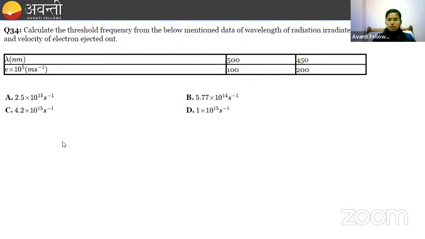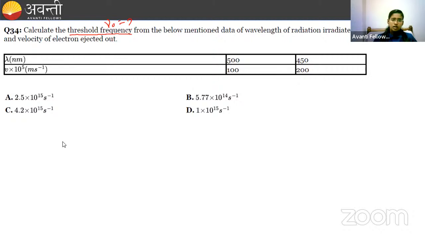So the first column is about the wavelength and the second is about the velocity. We have to find out the threshold frequency. Threshold frequency is the minimum frequency required to eject an electron, right? It is denoted by the letter nu naught. So nu naught we have to find out.